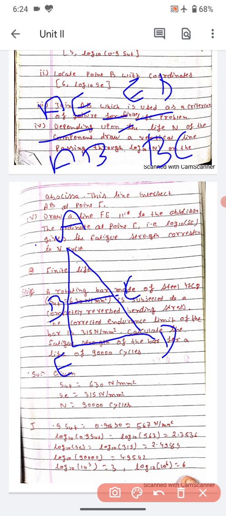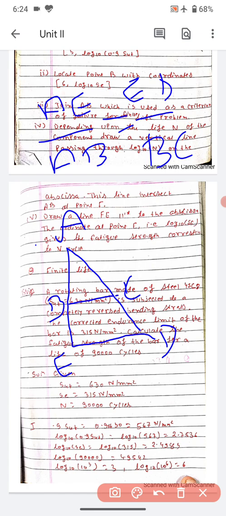Vice versa you can use AB upon AE equal to BC upon ED. The triangle you take in the numerator on the left hand side will be the same on the right hand side.